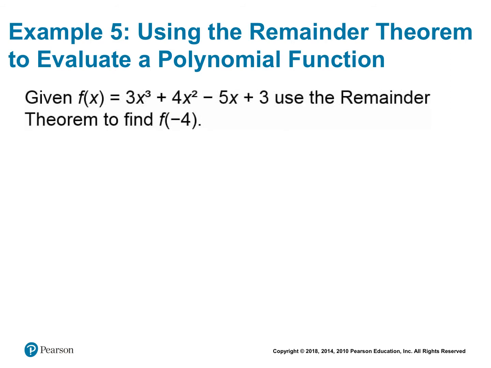Okay, let's go ahead and practice that again. So this time we have find f of -4. So that means that we're going to be using x minus -4 as our divisor. And we're going to see what we get for our remainder. So I'll bring down these numbers for synthetic division.